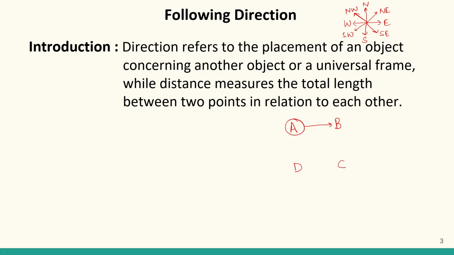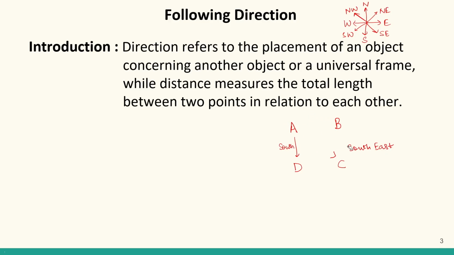From the point of view of A, B is to the east of A. Similarly, D is to the south of A. Similarly, C is to the southeast of A. This concept is clear with respect to A. Now let us change.